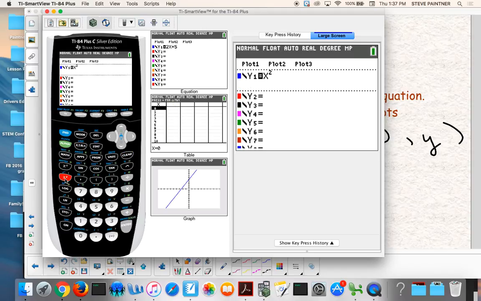Was it x squared plus 6 or minus? Minus? Okay, minus 6. All right. I've got mine in. Do you have yours in? You don't have to hit zoom standard window. You already have a standard window.